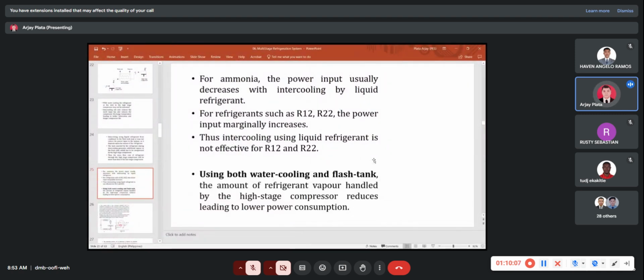But still, the efficiency of this intercooler depends on the refrigerant that we are using. For ammonia, for example, the power input usually decreases with intercooling by liquid refrigerant. However, for refrigerants such as R12 and R22, the power input marginally increases. Using both water cooling and flash tank, the amount of refrigerant vapor handled by the high stage compressor reduces, leading to low power consumption.